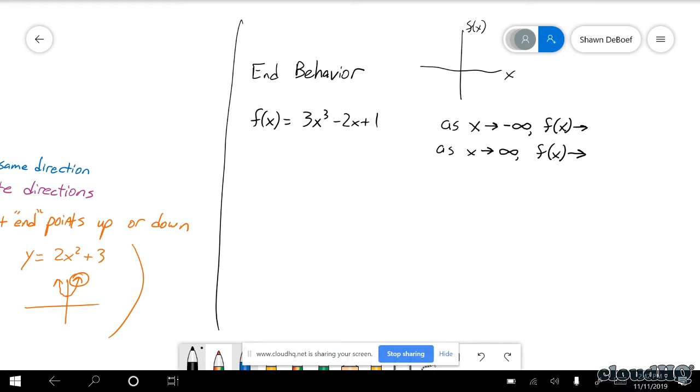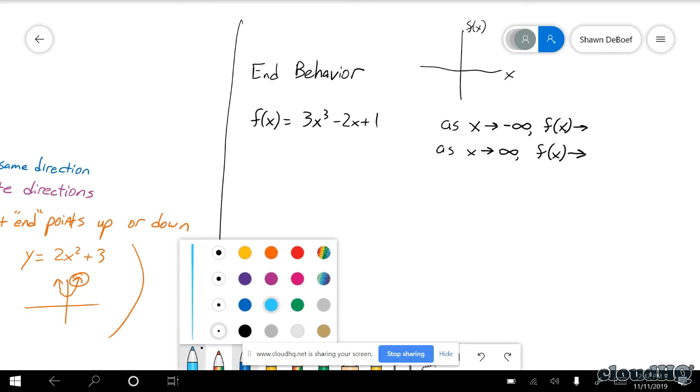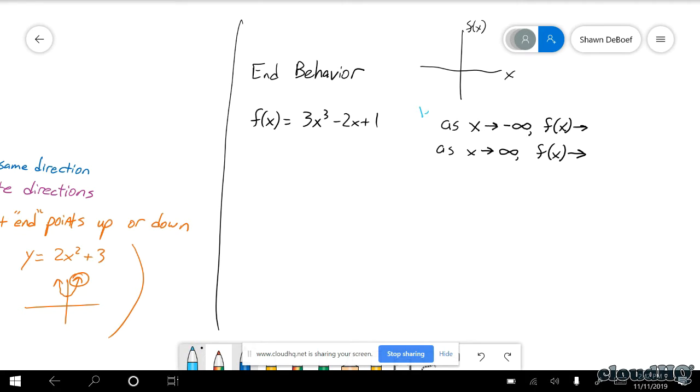So when we say as x approaches negative infinity, what direction are we talking about? If we go on the x towards negative infinity, that means we're moving to the left. So that's a fancy way of saying the left end. And then as x approaches positive infinity, that would be the right side, or the right end of our graph.